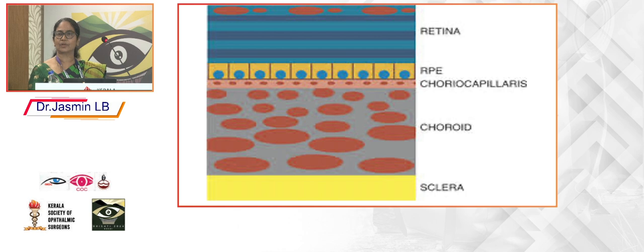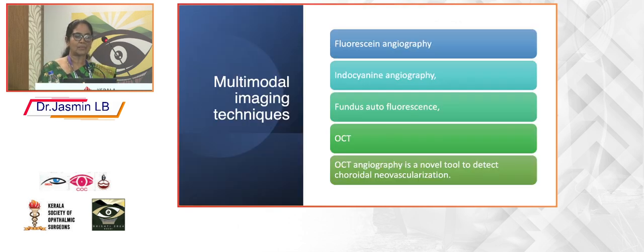There is leakage from the choroid vessels. It will compress the choriocapillaris and cause stretching of the RPE and multiple defects in the RPE, which cause serous detachment. These are the multimodal imaging techniques: fluorescein angiography, ICG, fundus autofluorescence, OCT, and OCT angiography, which detects choroidal neovascularization.